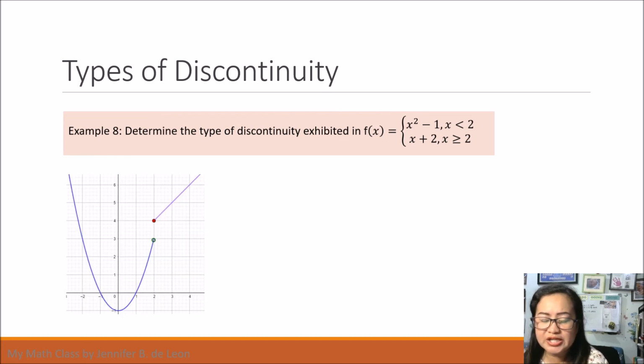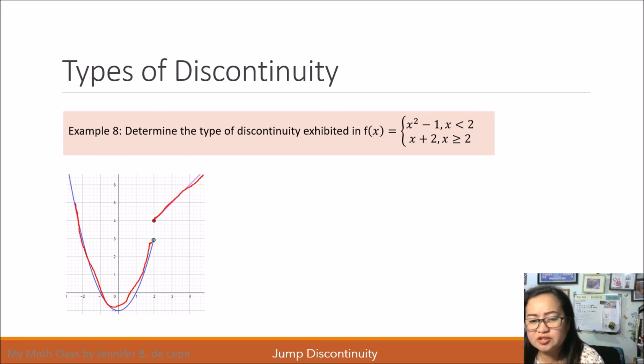Now, using its graph, we would be able to see that if we trace the graph, we will be interrupted by this hole, then jump to another point in order to trace the other part of the graph. So in this case, we will have a jump discontinuity. We cannot remove the discontinuity in this kind of function.